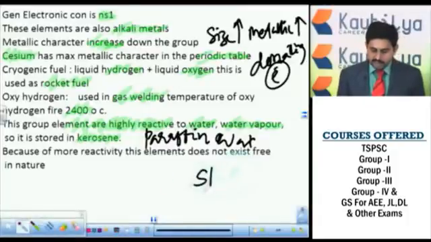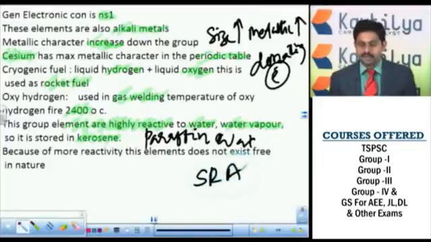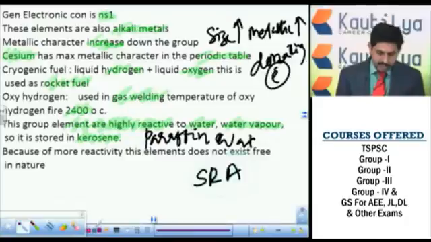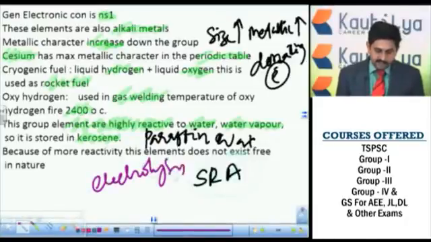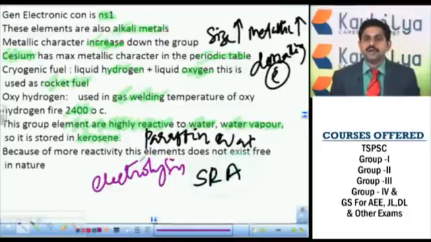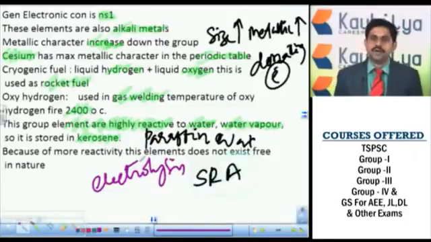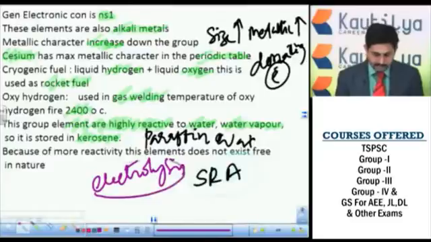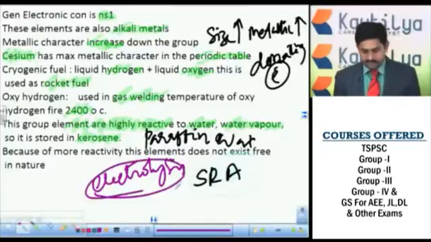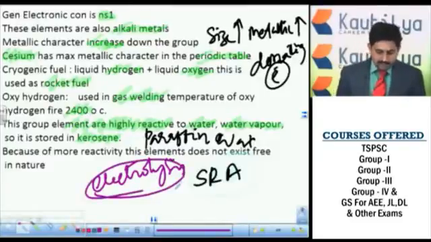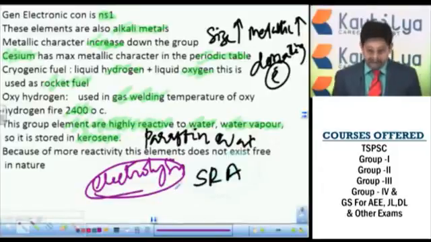So these alkali metals cannot be obtained by the metallurgical reduction process. They can be separated only by electrolysis. That means the extraction of alkali metals from their respective ores can be done only by the process called electrolysis. So these are more reactive and do not exist free in nature.